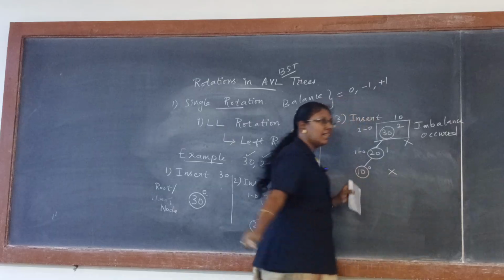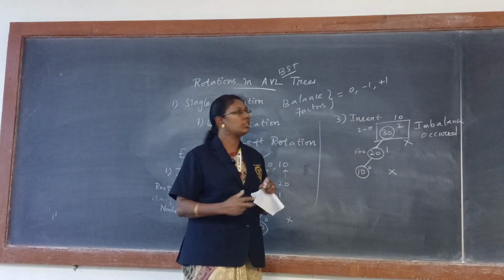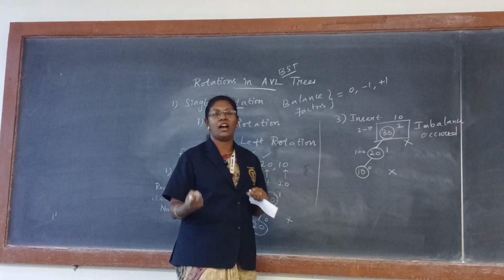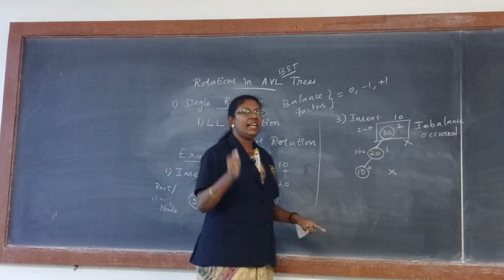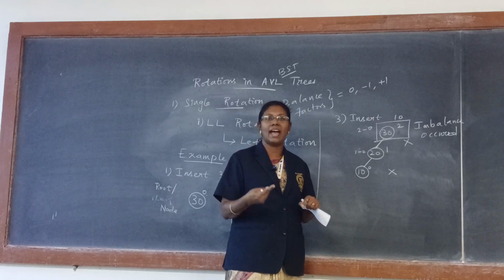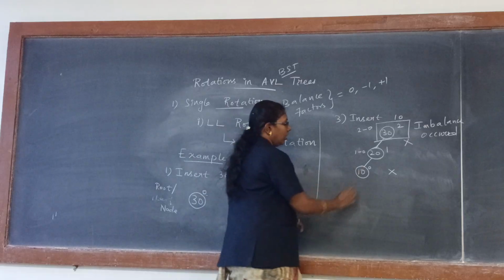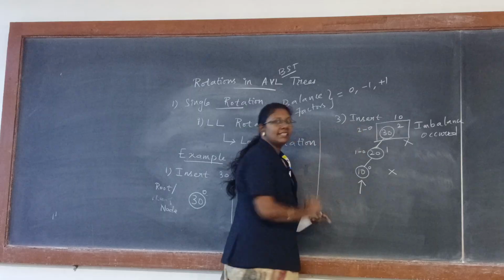So if an imbalance occurred, we need to adjust the values of the nodes or adjust the position of the nodes in order to make the tree a balanced one. For this, I need to find out which particular imbalance has occurred at this position. While inserting 10, the imbalance occurred.